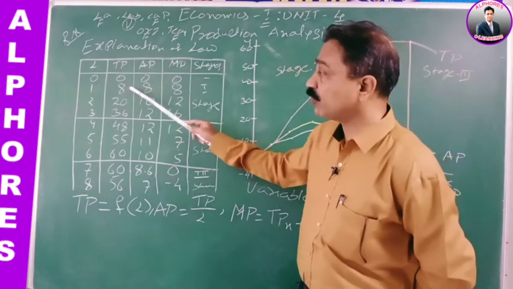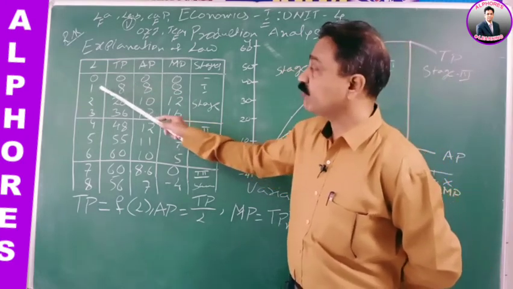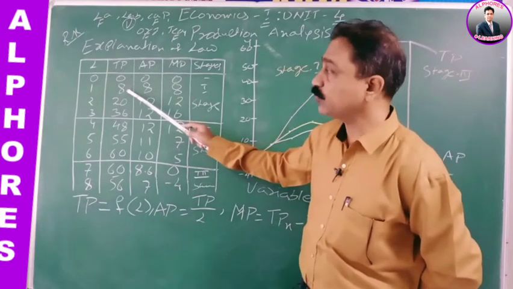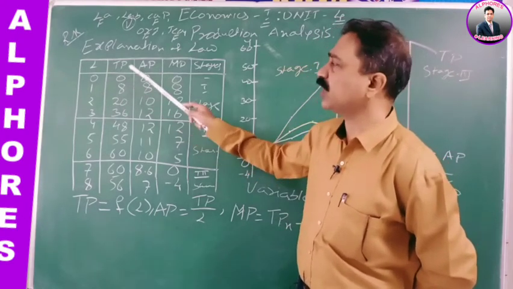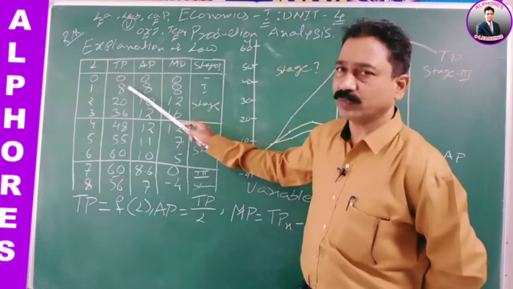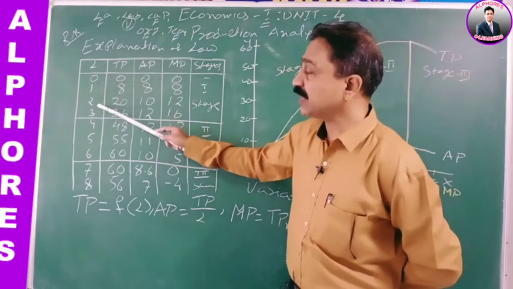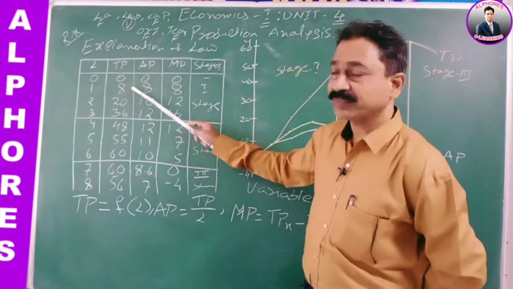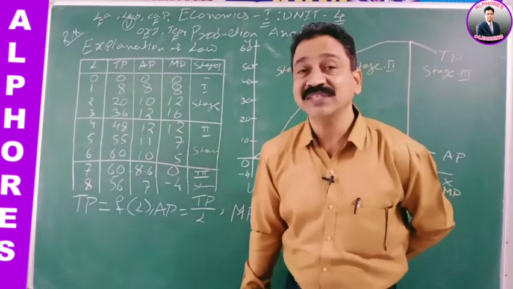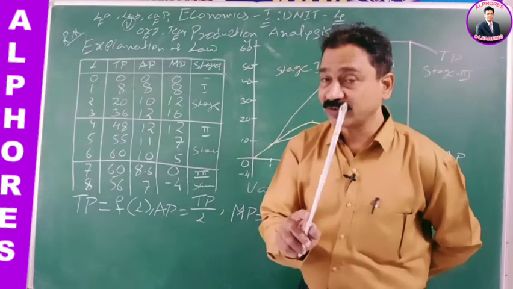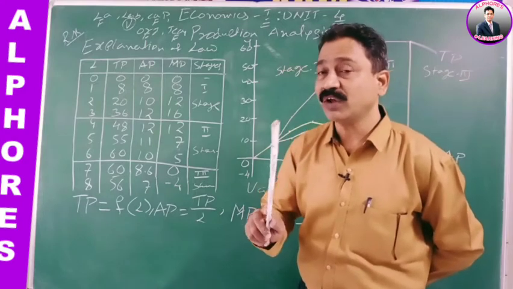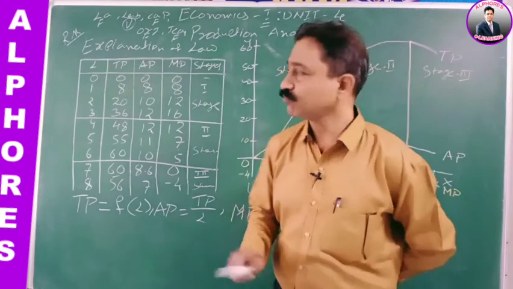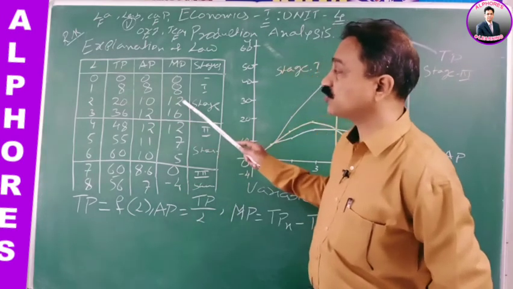See, how much did the output change? First labor produced only 8 units of total product, or 8 quintals of total product. When the second labor came, it became 20. What is the difference? How much is the output of the second labor? You try to get it. The second labor output is 12.